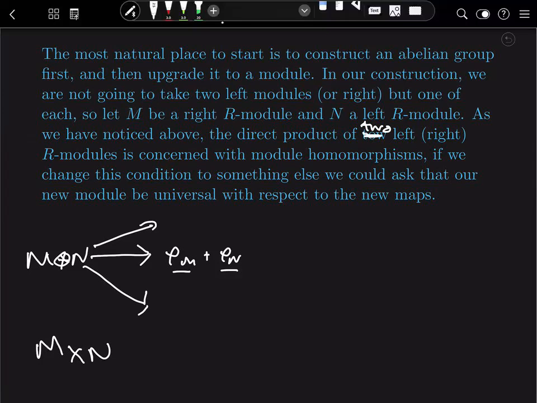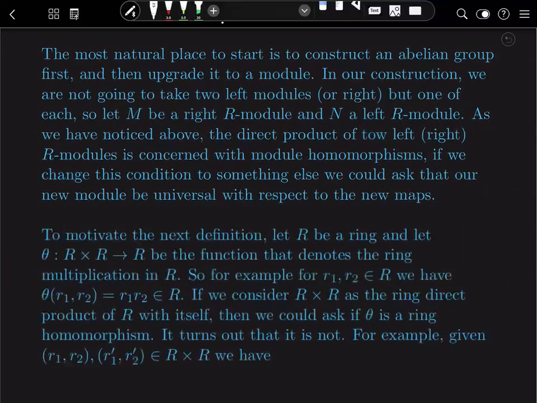That's really the root of what we're going to be getting at. Is there a new map out of M cross N that's not an R module homomorphism, but maybe is the next best thing to an R module homomorphism? And it turns out there is, and we've encountered these maps actually a lot. Almost every time that you do anything in algebra, you're using one of these maps.